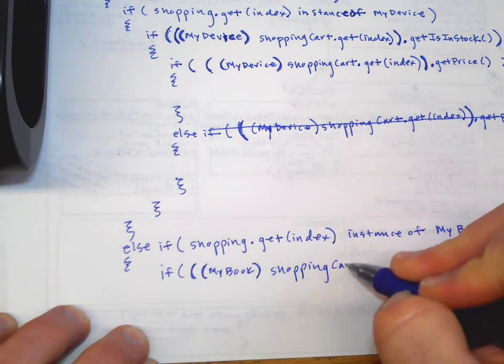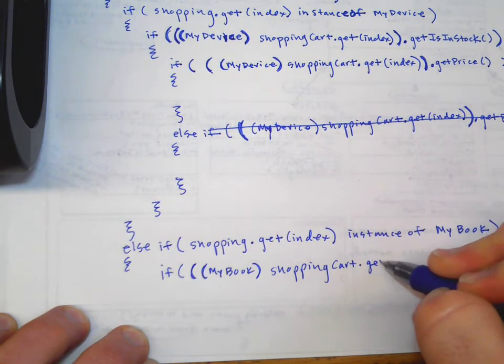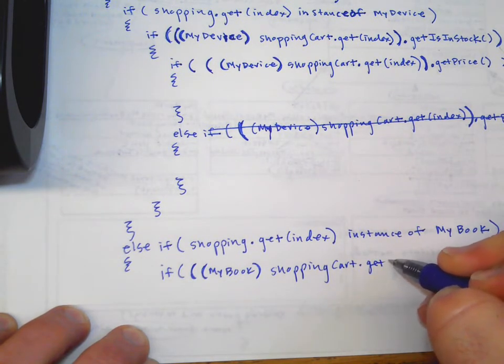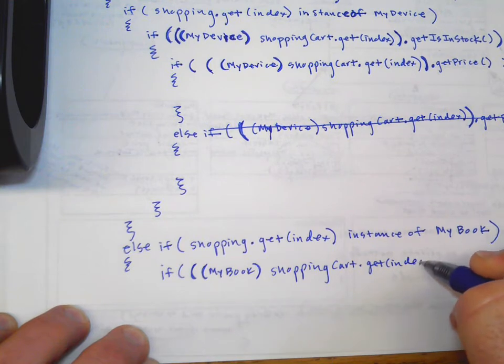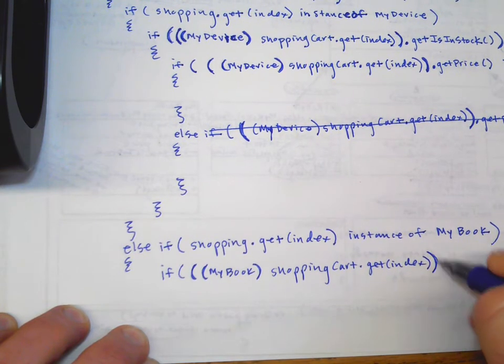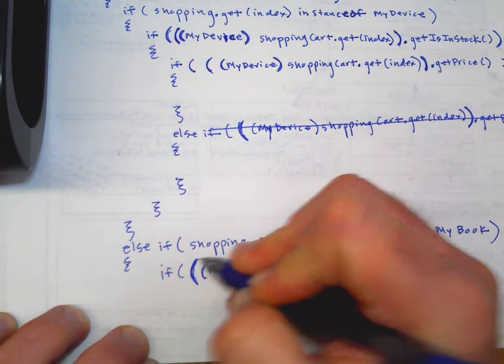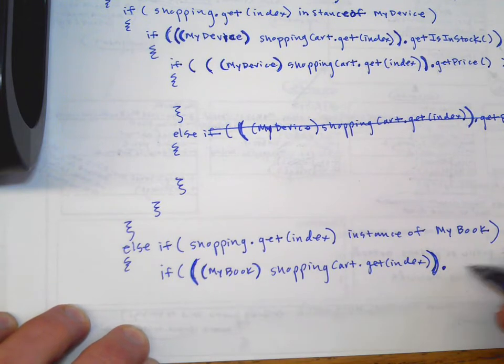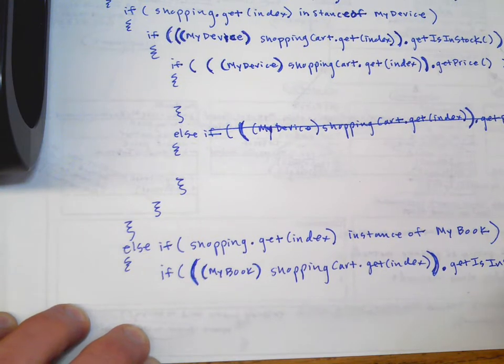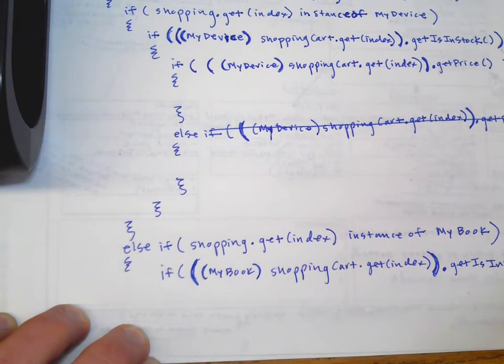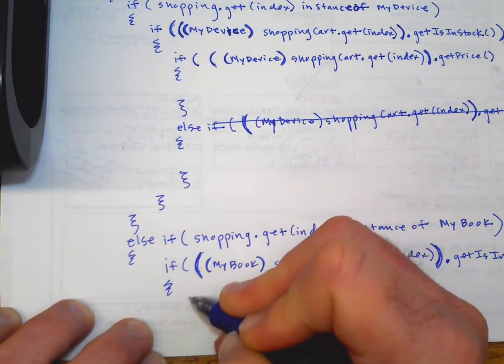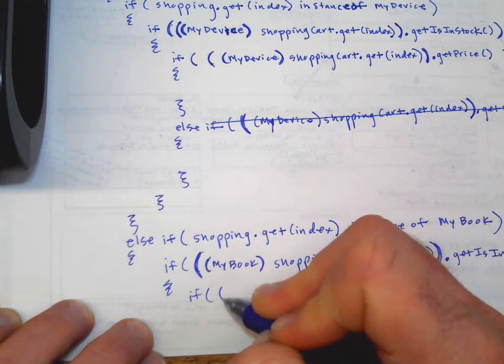Shopping cart. So we have to make sure we cast it before we call the method on it. Get is in stock. So it's the same idea, right? And if it is, then you're going to check the price, and you're going to have to do this casting again.